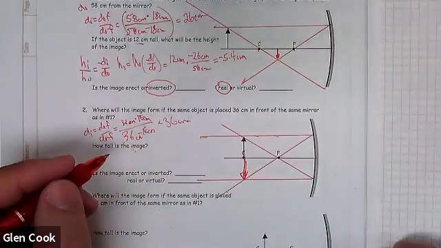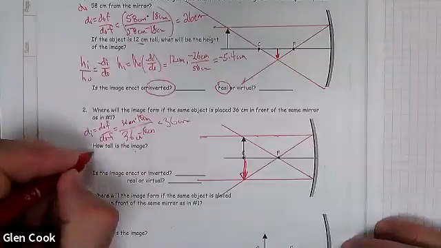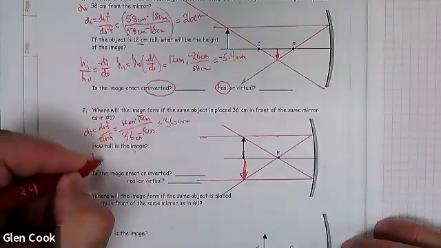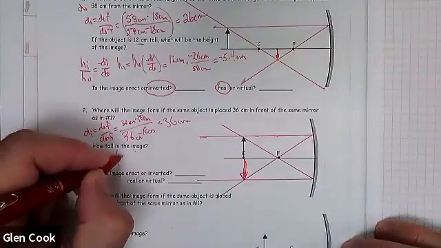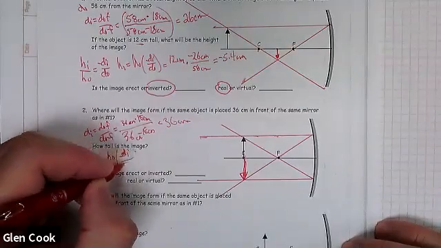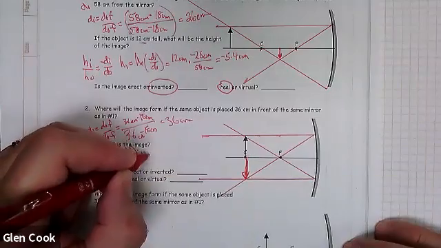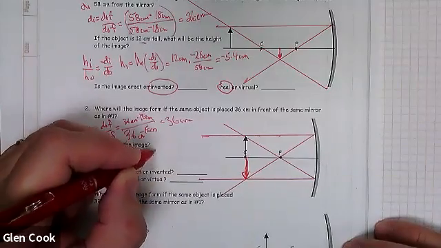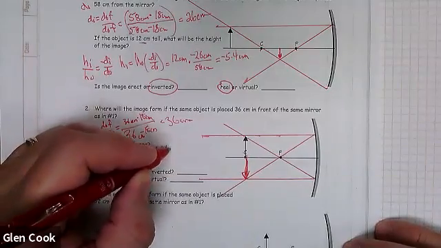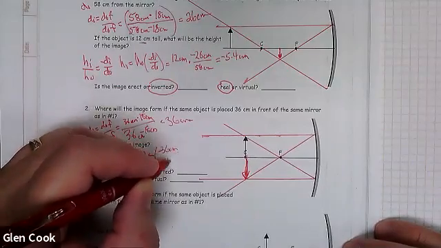How tall is the image? Well, just like from above, HI equals HO times negative DI over DO. Well, DI is 36, so HO is 12 centimeters times negative 36 divided by positive 36.